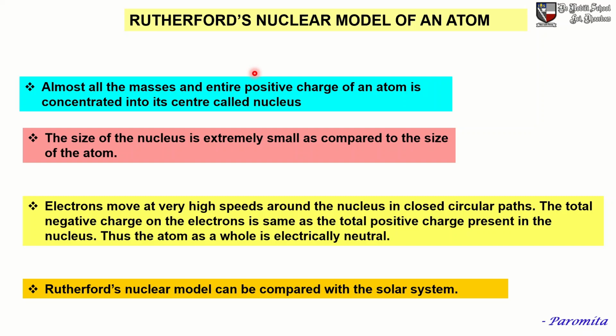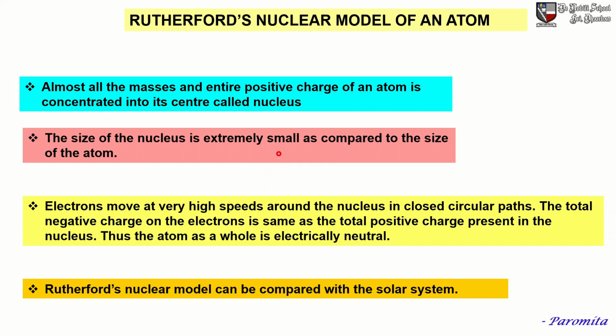So, on the basis of the conclusions derived from the alpha particle scattering experiments, Rutherford proposed a model of atom. This model is known as the nuclear model of atom or Rutherford's nuclear model of an atom.